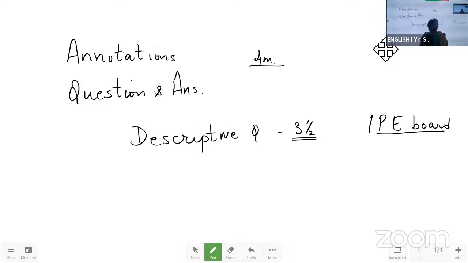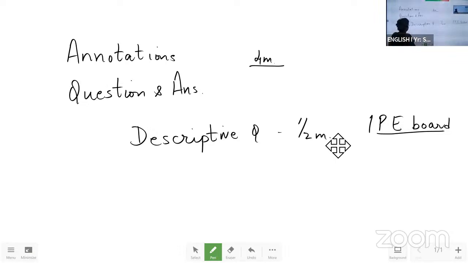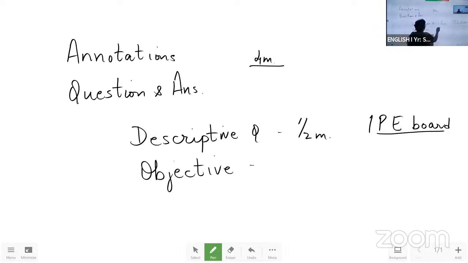As per the IPE board, we are supposed to reduce half mark from all descriptive questions. If it's objective, you can get full marks. That is 4 out of 4.